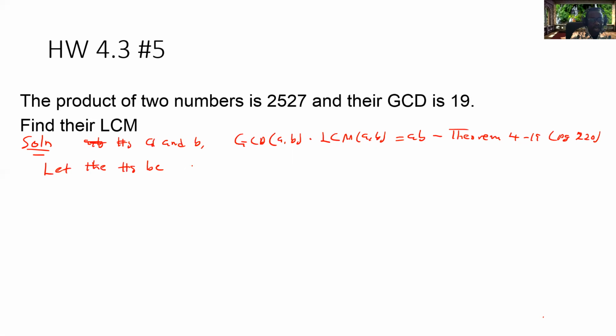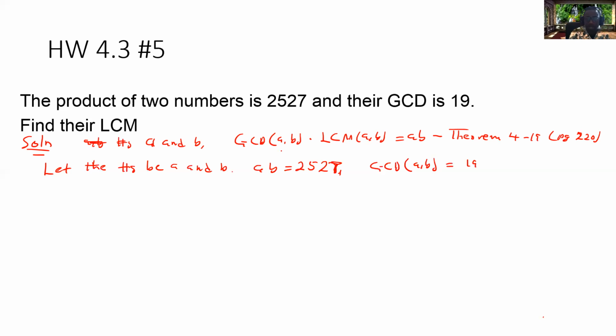Okay, so in this question, let the numbers be A and B. The product AB is equal to 2,527. And the greatest common divisor of A and B is also given to us as 19.